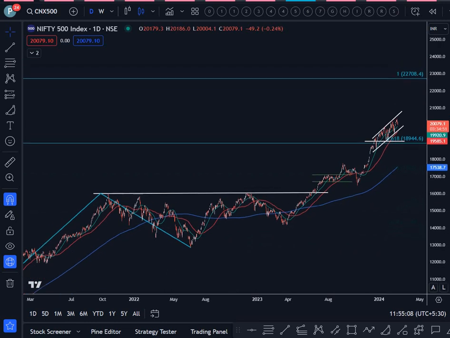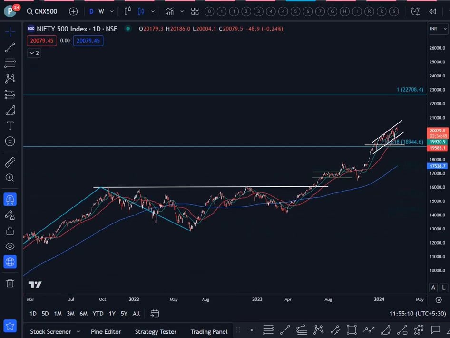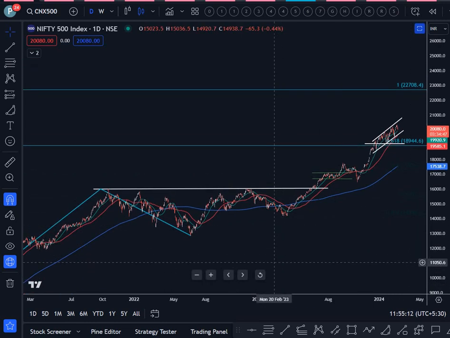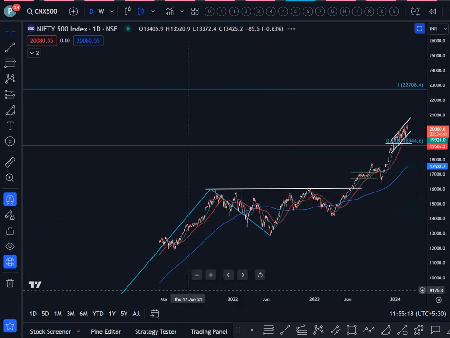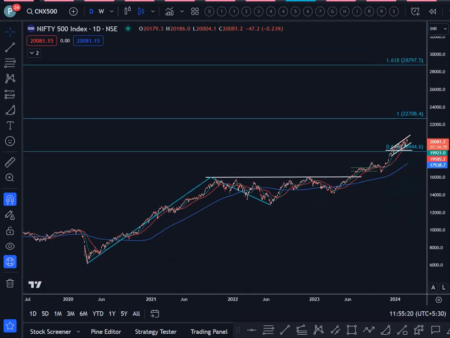So if you look at Nifty 500, after it crossed this particular resistance, and this resistance was formed after the COVID lows, the Nifty gave a great uptrend, and then from September, October of 2021, it went into a correction mode, right?